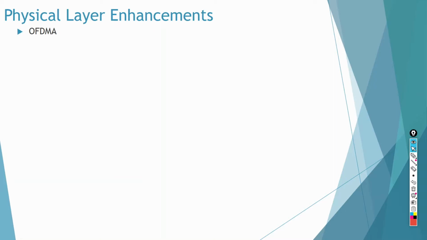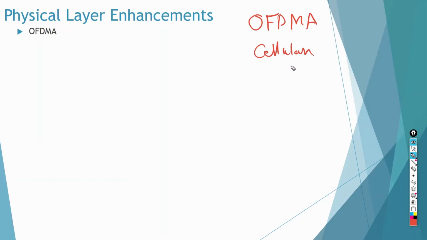Now, before we start and dig deeper into OFDMA, we mentioned the following topics. For example, OFDMA, which is the main topic. Also, we mentioned cellular or LTE or 5G.